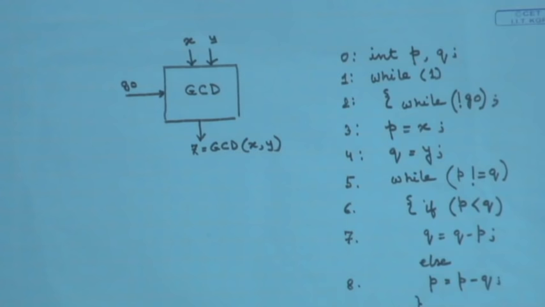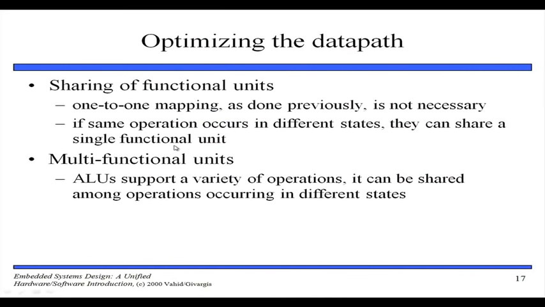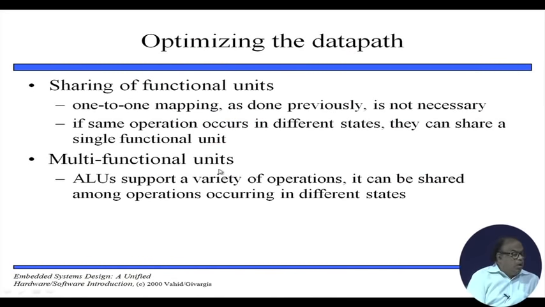Both of them are not being used at the same time. Therefore, I can use the same functional unit, right. Also, I had used a comparator. There was one not equal to, there were 2 subtractors.